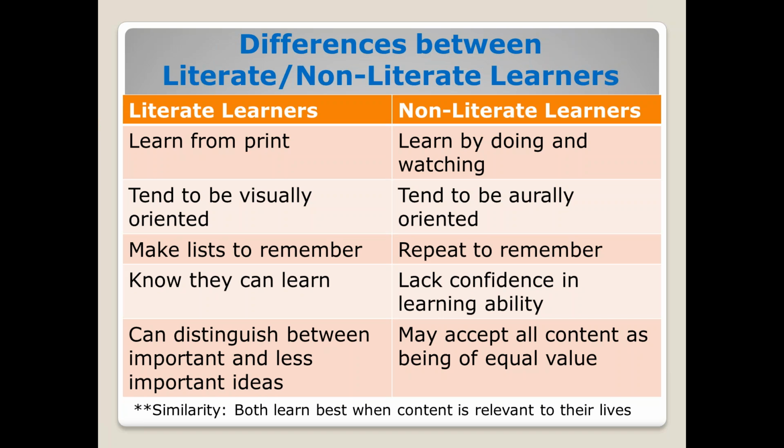The other thing that's interesting is, in terms of looking at any image, any two-dimensional image on a page, so interpreting maps, interpreting charts, graphs, floor plans, this whole idea of interpreting a schematic is, again, more of a challenge for the non-literate learner.